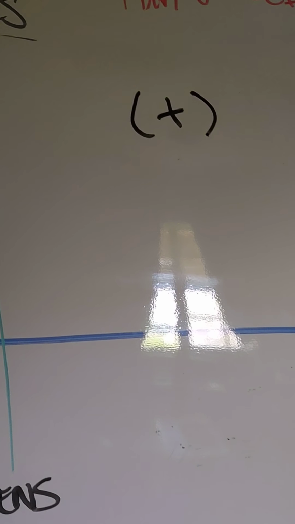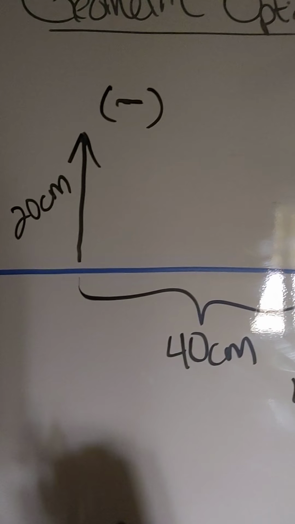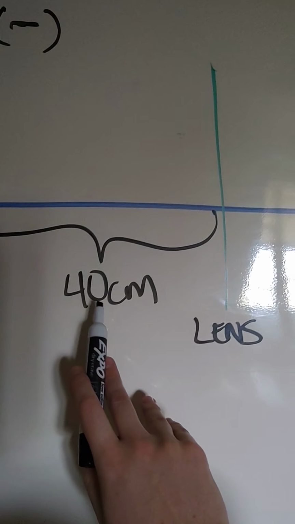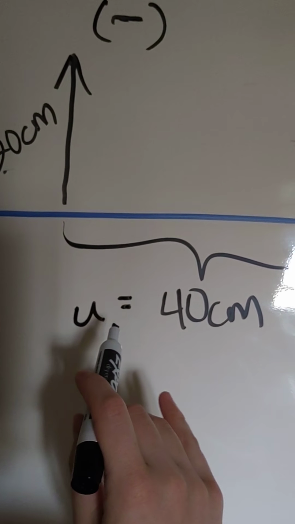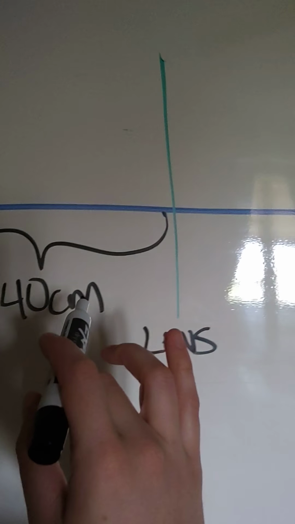All right. So what we know about this question is that the given information is that the object is 20 centimeters tall. The object distance, which is u, equals 40 centimeters. So object distance is 40 centimeters.